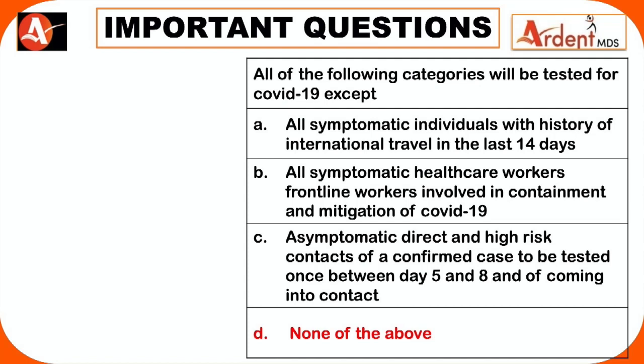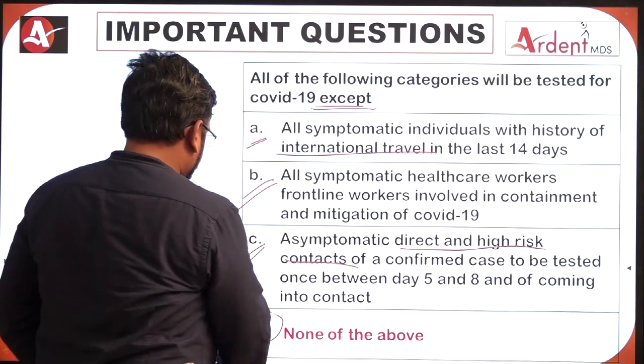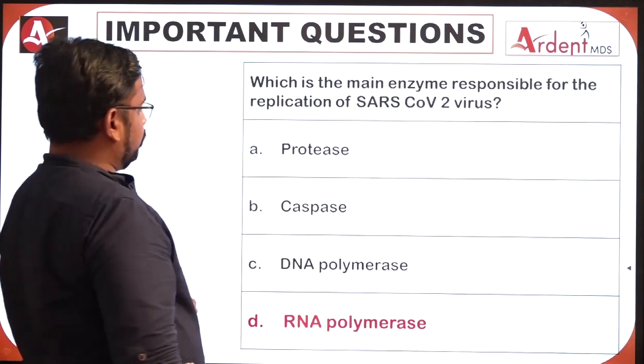All symptomatic healthcare workers, yes, they have to go for a COVID test. Asymptomatic patients who have direct and high-risk contact, even these patients have to be tested for COVID-19. So the answer is none of the above, because they asked about except.